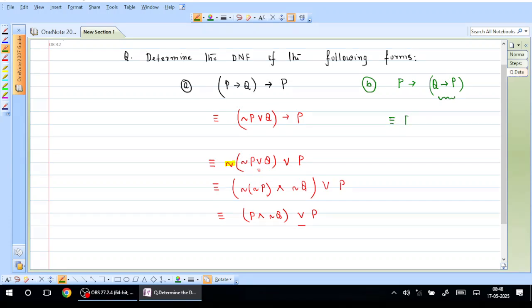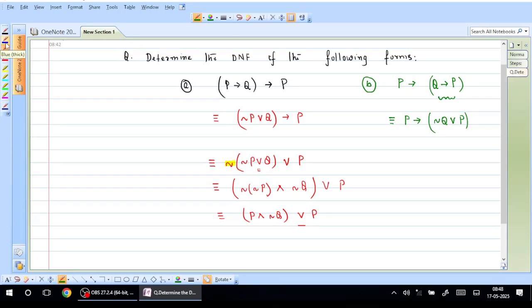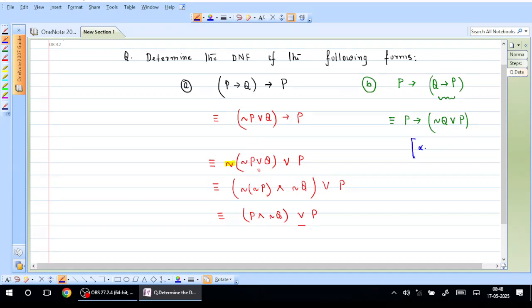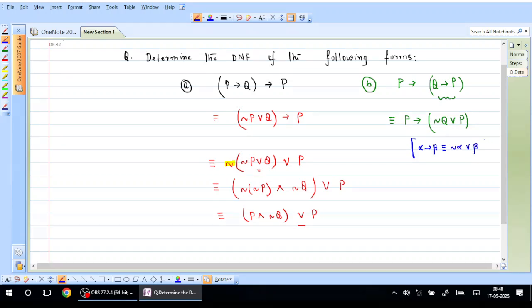See here, I write P implies, and here I have not Q join P. I have used the alternate expression. Which expression have I used? Alpha implies beta is equivalent to not of alpha join beta, right?